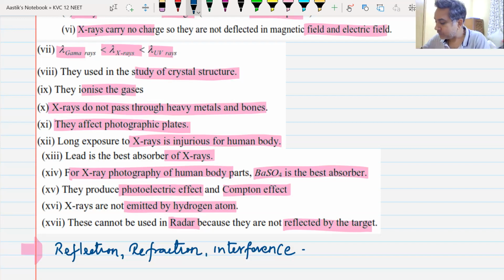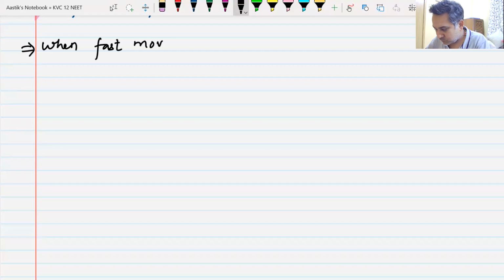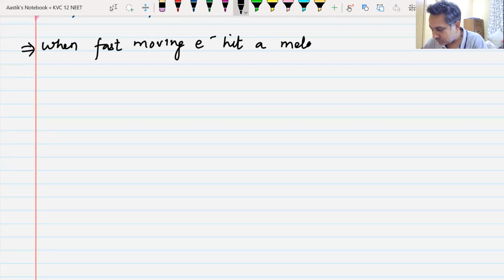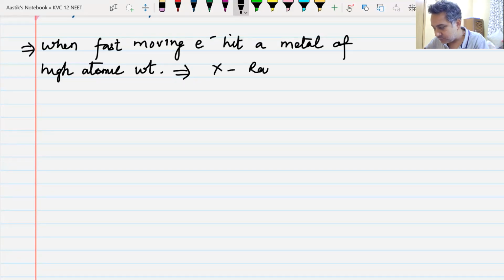Well, so write this. I hope you can see my screen. Okay. When fast moving electrons hit a metal of high atomic weight, then your X-rays are produced.